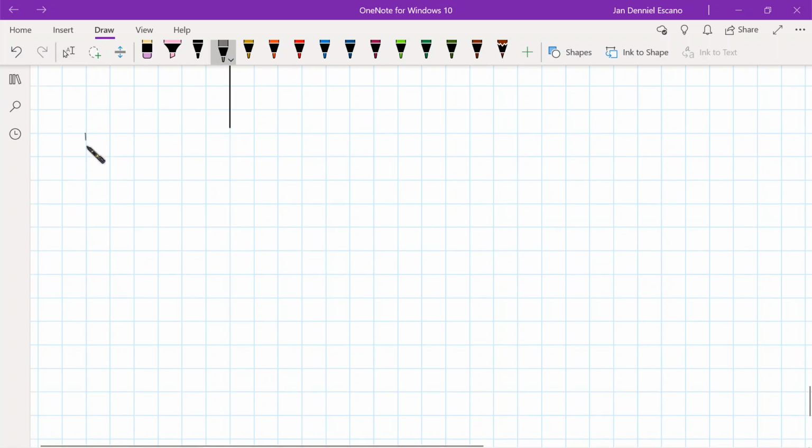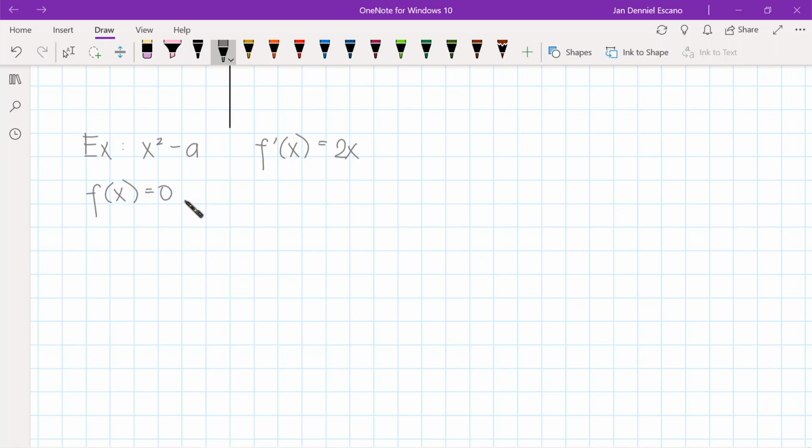Let's say you want to find the roots of the equation x squared minus a. In our calculators, we can find it easily, or we can say that the f prime of x of this is just 2x. And if f of x is equal to 0, therefore x is just equal to the square root of a.